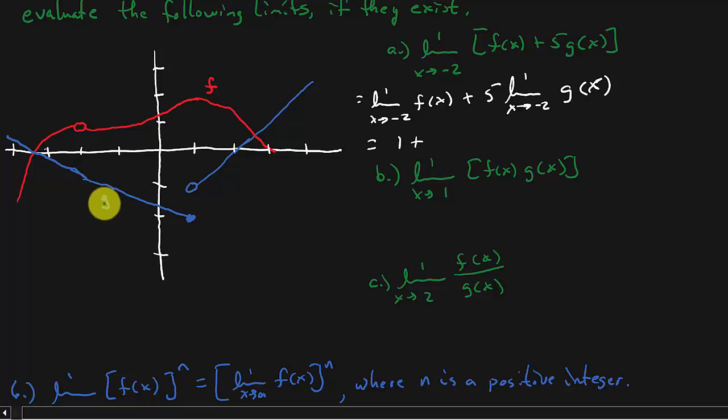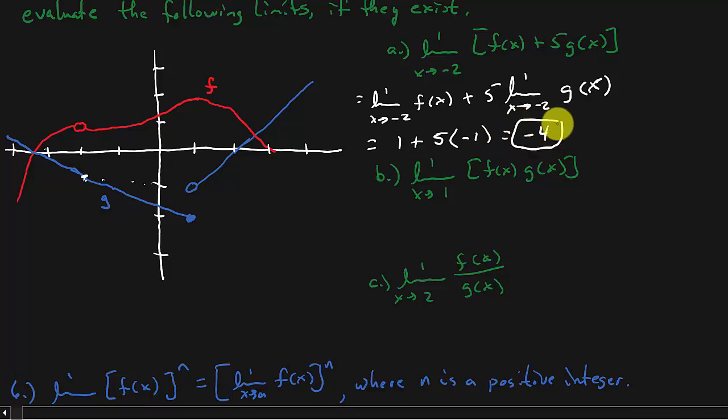Okay, all right, so let's continue. So the limit of g of x as x goes to -2. So I'm coming here to -2, and you can see this is a y value of -1. So that's going to be plus 5 times, and then this limit is -1. And so this is going to give us an answer of -4.